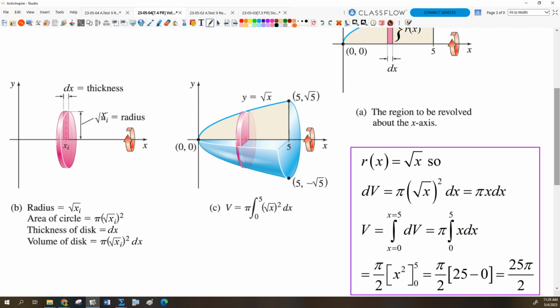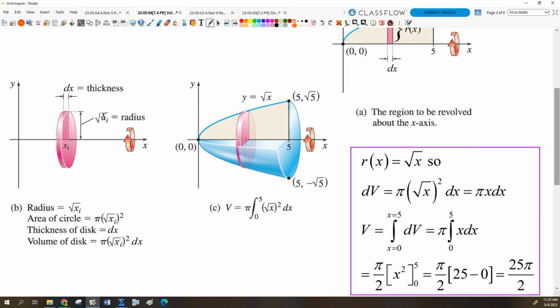I'm going to use my notation instead of the textbook's. So a little element of volume, a disk in this case, is going to be pi r squared dx, right? That's the volume of an individual disk. The pi r squared is the cross-sectional area of the disk, and the thickness is dx, okay?